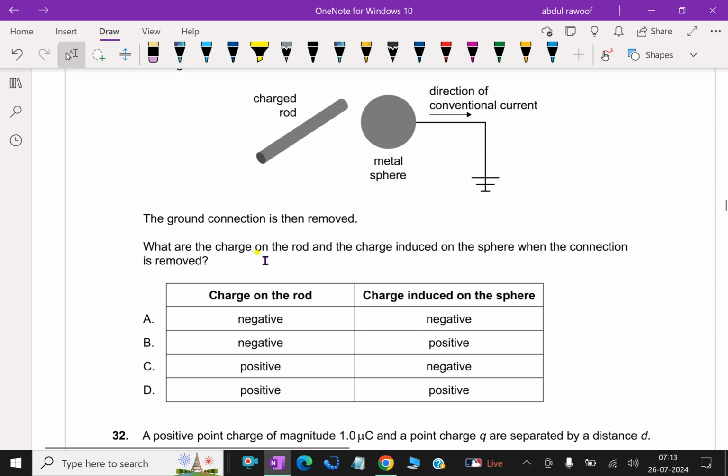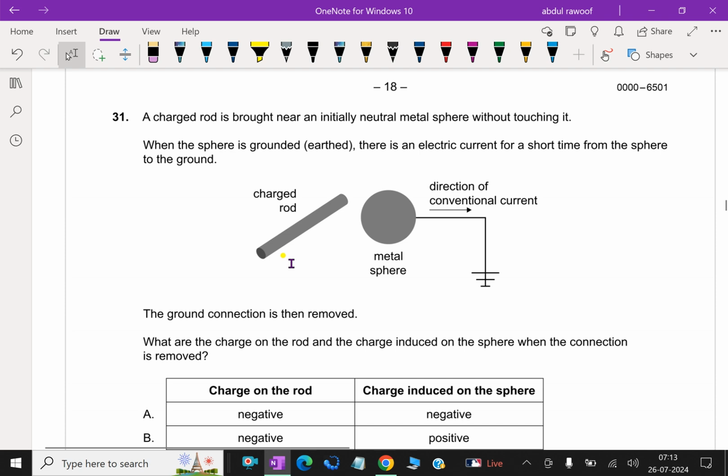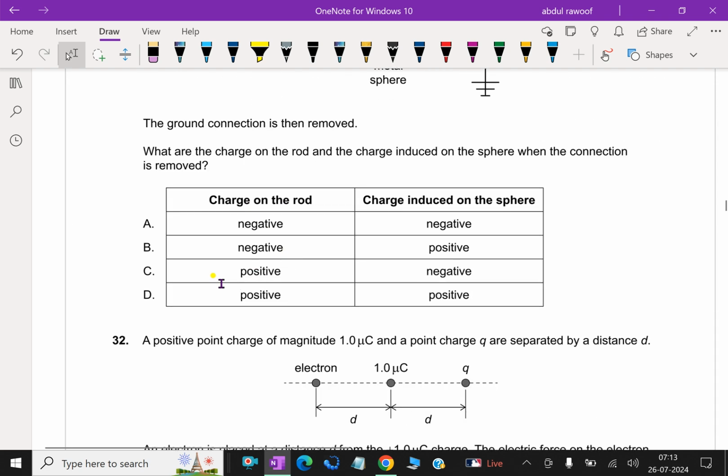What are the changes in the charge on the rod and the charge induced on the sphere when the connection is removed? Here the charge on the rod is positive and the charge induced on the sphere is negative. Option C.